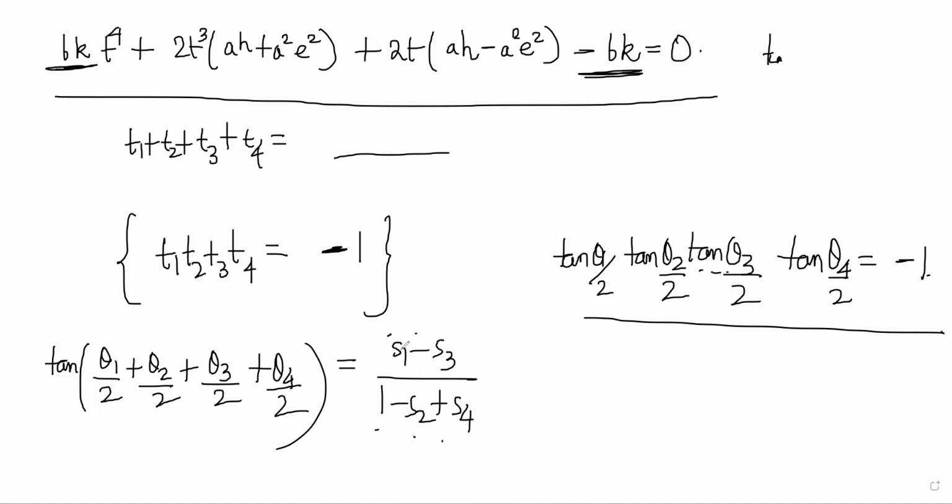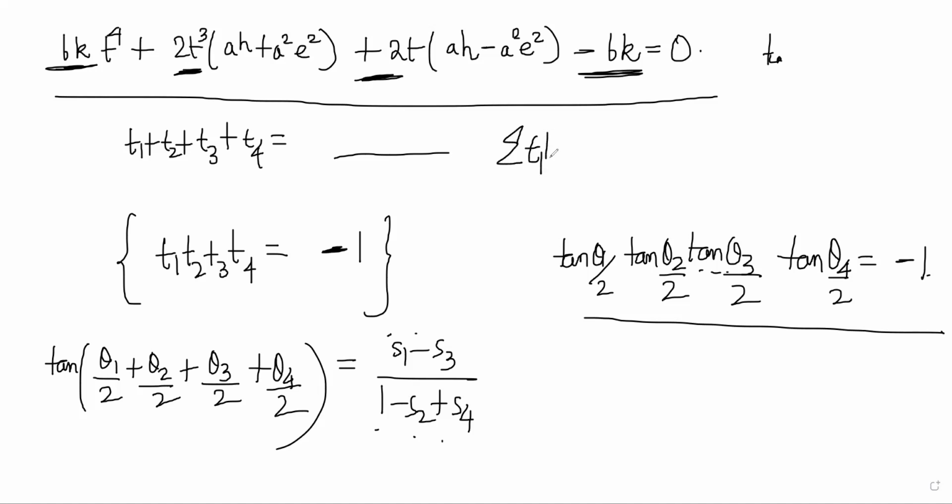What is S1? S1 is the sum of all the angles' tans. S3 is the sum of the products taken 3 at a time. S2 is taken 2 at a time and so on. Now here, if you see, there is no S2 term. The square term is disappearing.